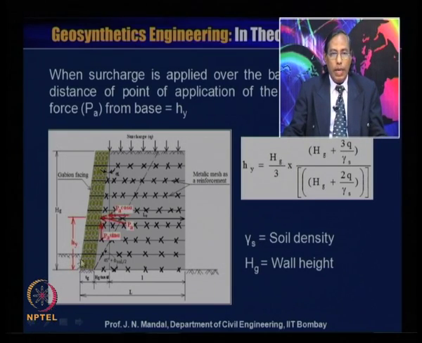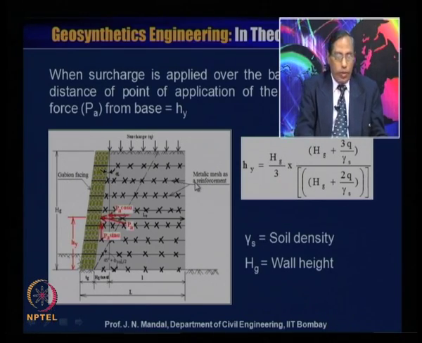So here is the Hy. This Hy can be calculated with this equation, that is Hg by 3 into (Hg plus 3q by gamma s) divided by (Hg plus 2q by gamma s), where gamma s is the soil density, and Hg is the wall height.